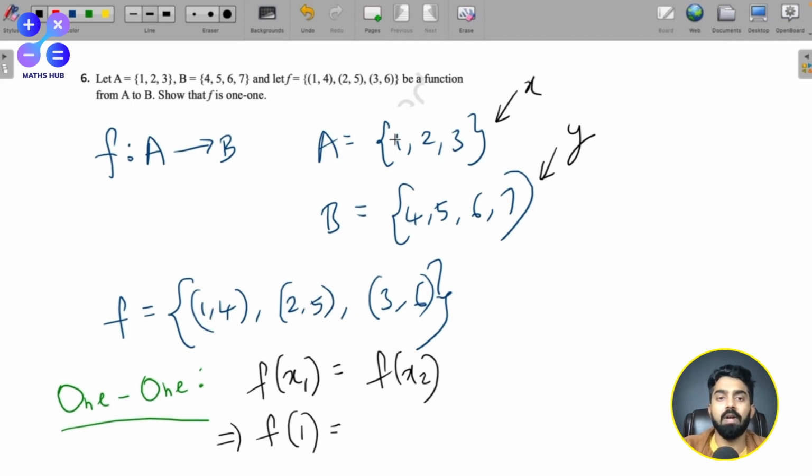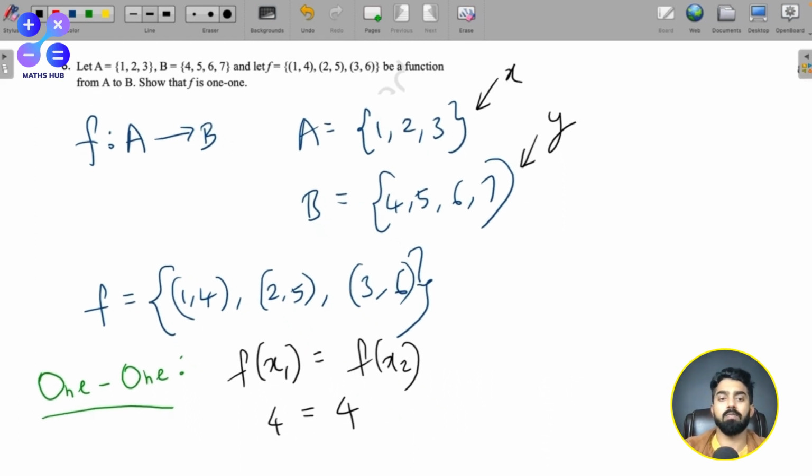Can you find two values of x? Or basically we need to find two values of y which are equal, right? So there is a 4, there's a 5, and there's a 6. If you have to find two values of y which are equal, let's take two values which are equal, 4 and 4. So if f of x1 is 4, then what would be x?